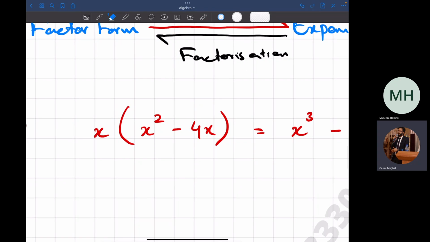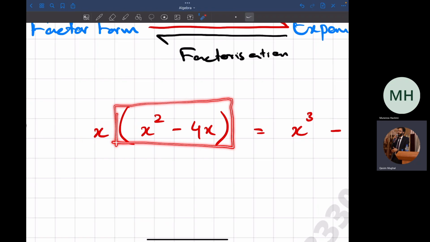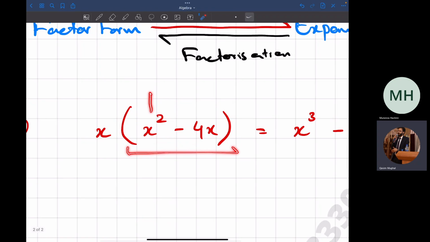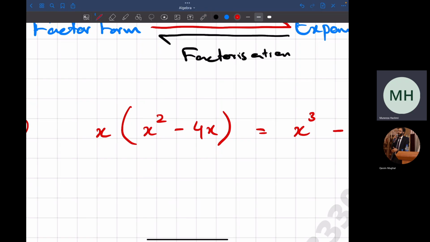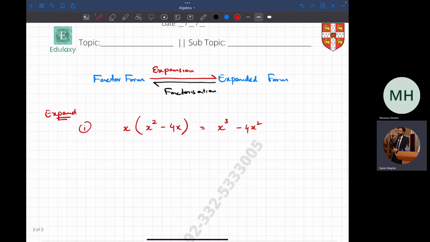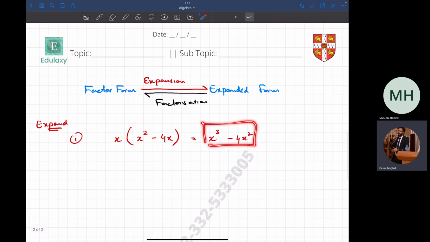Over here, you've got two factors. One factor is x, and the other factor is x squared minus 4x. Factors are basically things which are being multiplied. In the second factor, I've got two separate terms. You can identify the terms, they are separated by addition or subtraction sign. Okay? Yes. All right, now this is the expanded form.